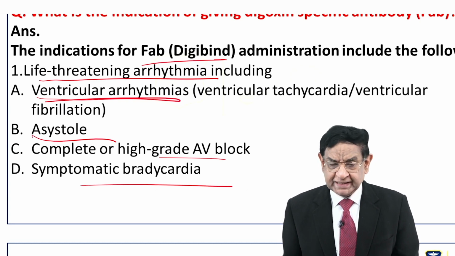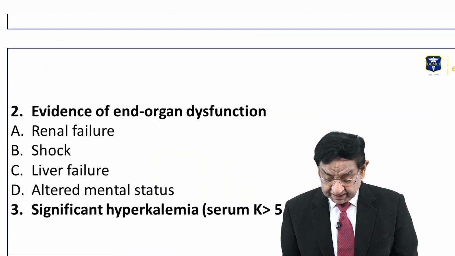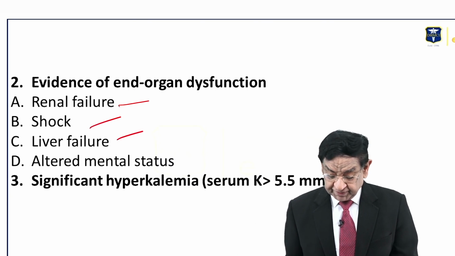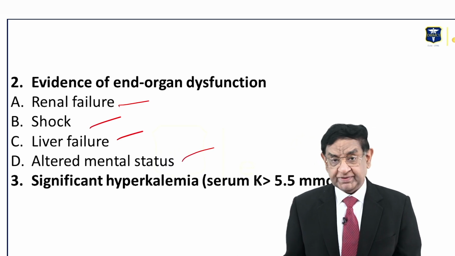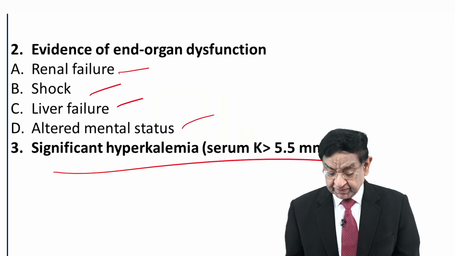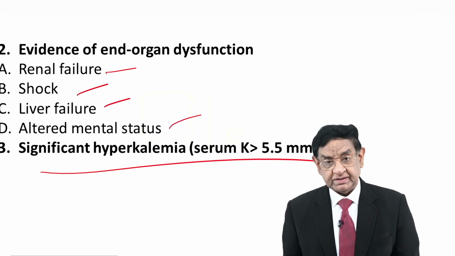By and large, for any dangerous type of arrhythmia we have to give FAB, and also with evidence of end organ dysfunction: renal failure, septic shock, liver failure, or altered mental status. In all these states, we give it in digoxin toxicity. Finally, if the potassium level is more than 5.5, then again we can give this Digiband.